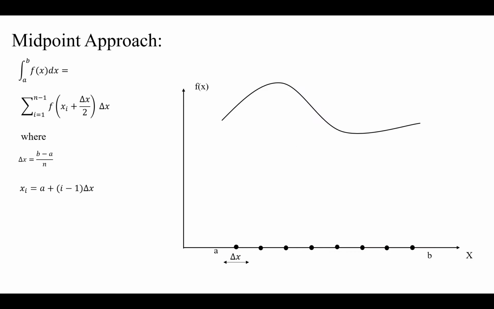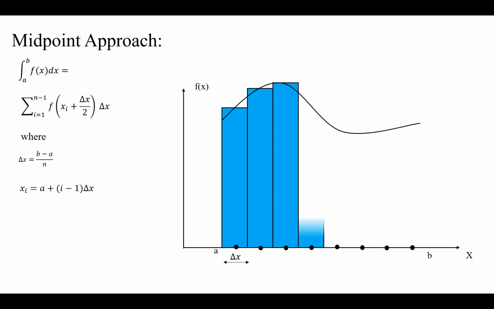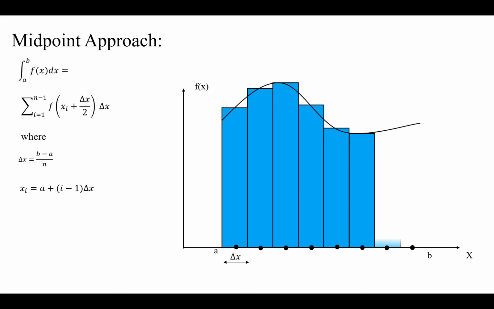So we can think of a better approach to find the area under the curve if we just move the rectangles a little bit. So the height of the rectangle would represent the value of the function at the midpoint, then we get a better estimation. So the height of our rectangle would be our function at the midpoint, at these dot points. So the height would be f(xi plus delta x over 2).